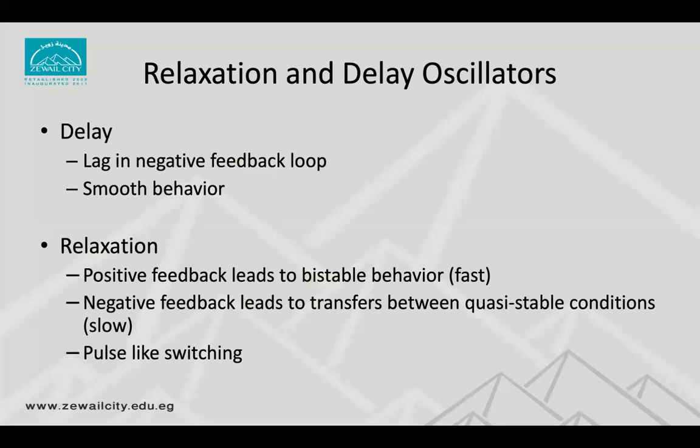The reaction goes in a particular direction, it takes a long time, but eventually you get negative feedback, and this sends you back to your starting point. The other type of oscillation comes when you have positive feedback that is fast, and negative feedback that is slow. You can imagine positive feedback sends you more in this direction until you get the negative feedback. And this kind of oscillation gives you a pulse-like switching. It's not as smooth an oscillation as the other.